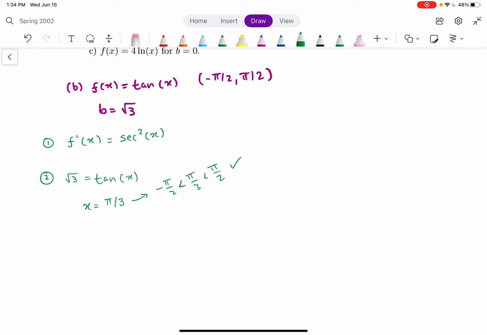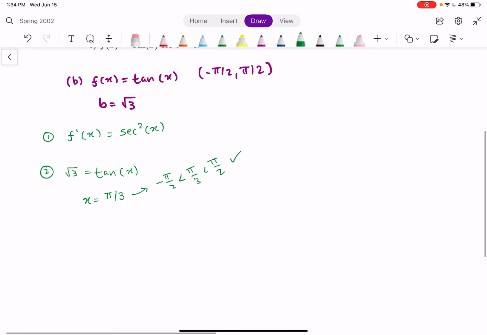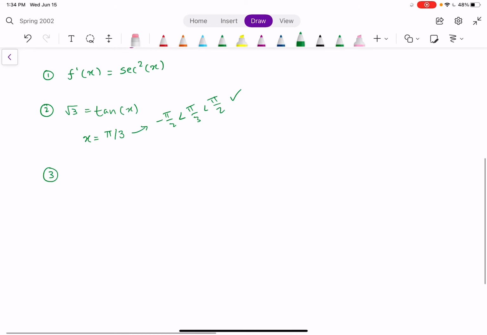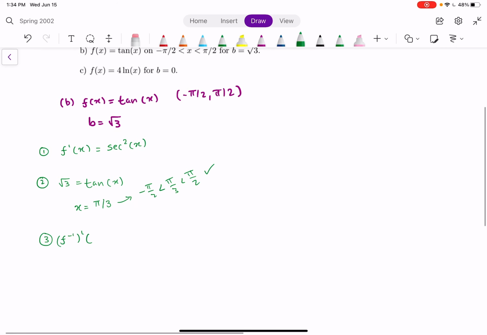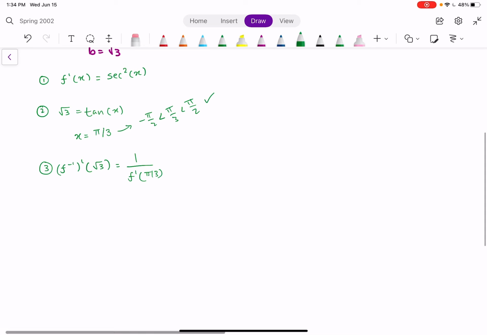So we can use pi over 3. Then our third step is we know that f inverse prime of, what is our b value, root 3 equals 1 over f prime of pi over 3. And step 4, plug in.